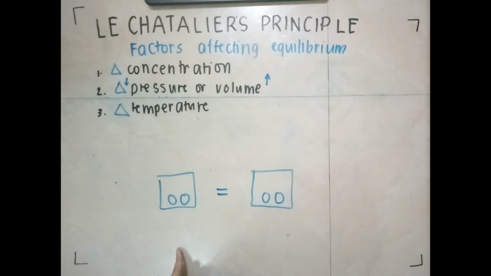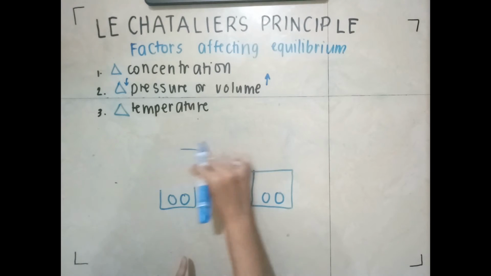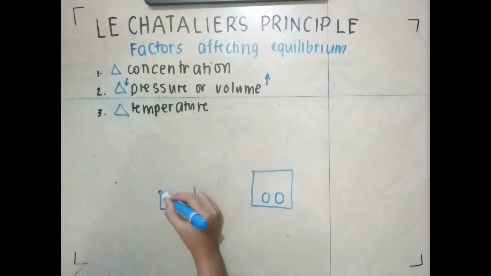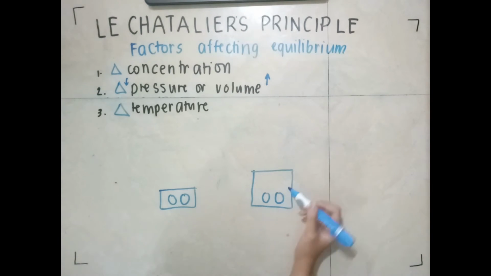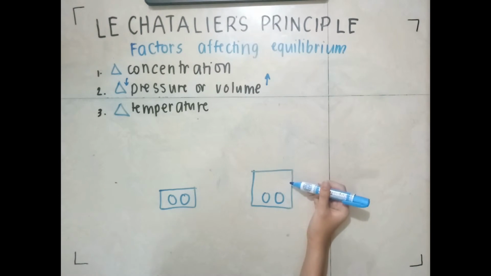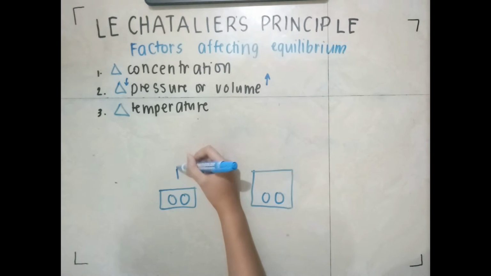But what if we shrink the box? As you can see, the space left is much smaller than the original. This means that the concentration of box 1 increased.